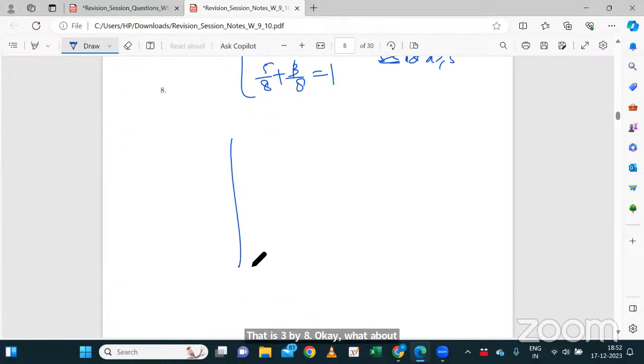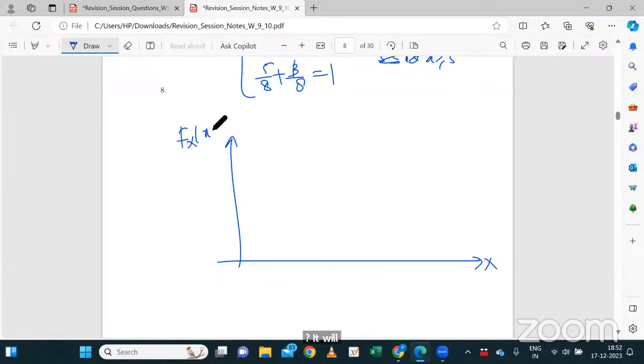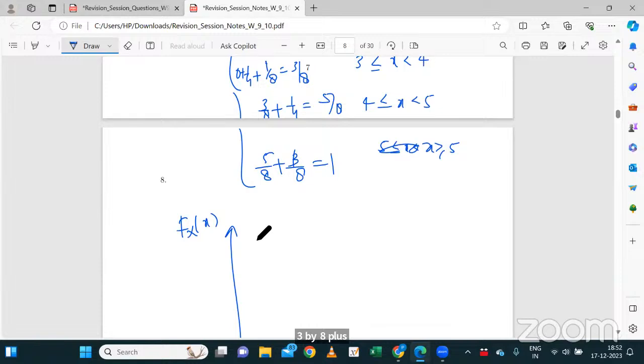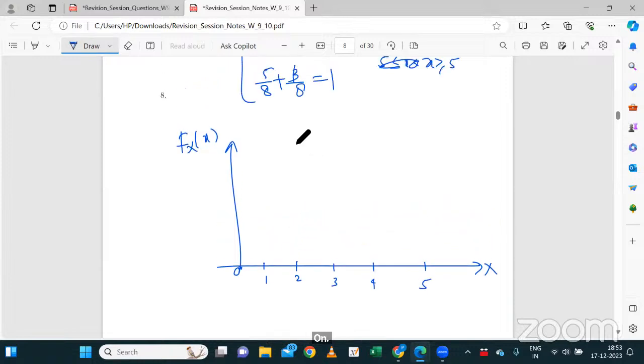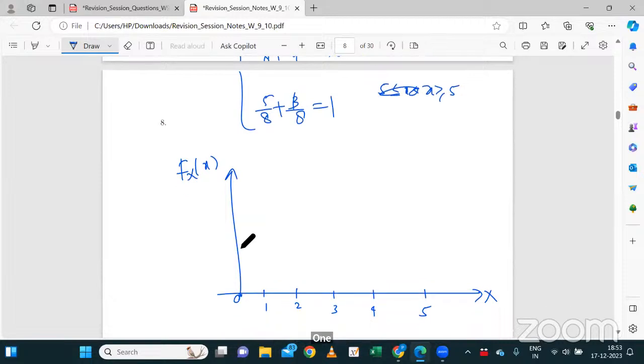And how will this look? Suppose this is my x and this is capital F(x). Suppose this is 0, then 1, 2, 3, 4, 5. Before 1, it is taking value 0.